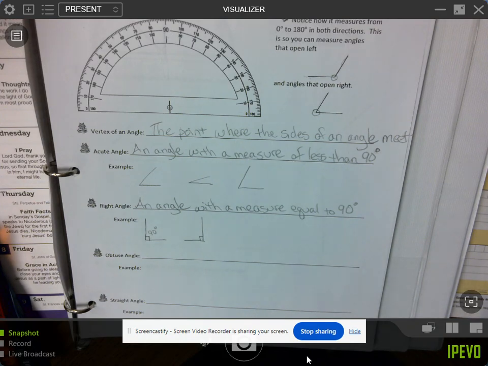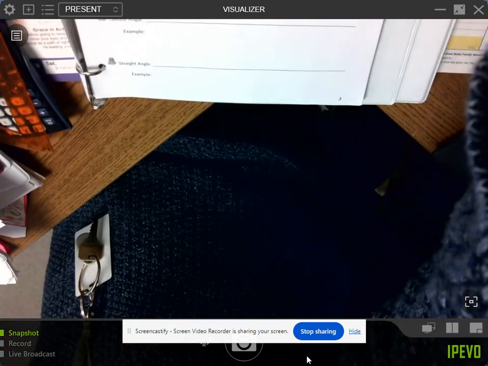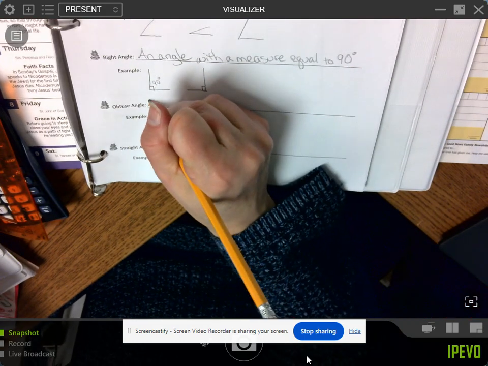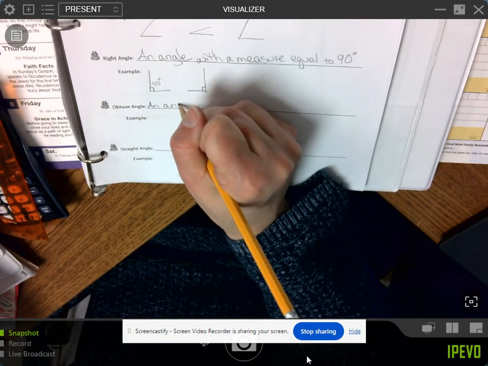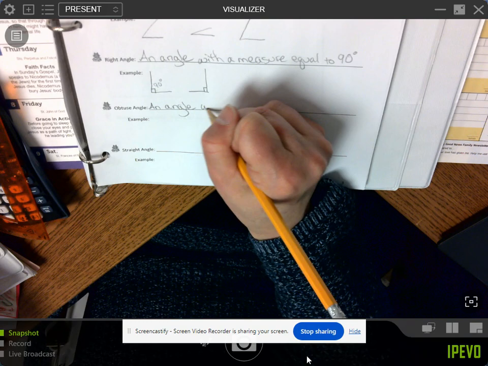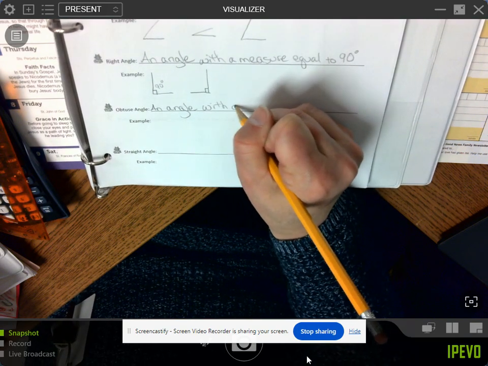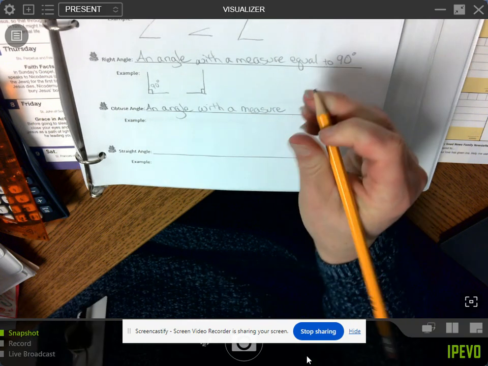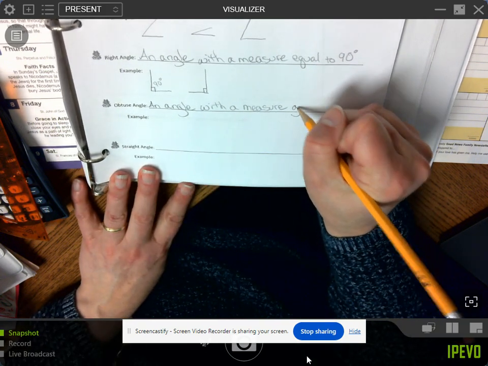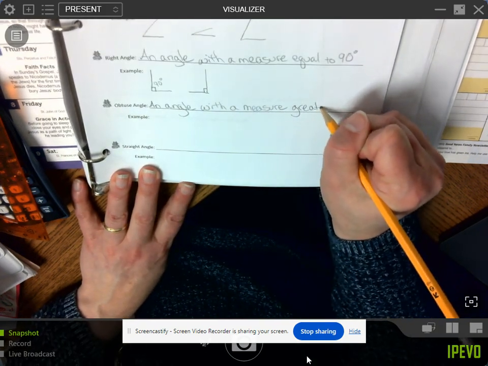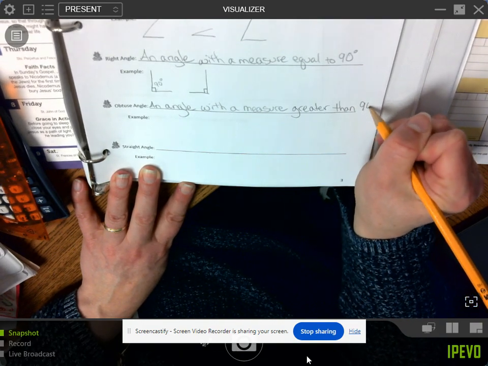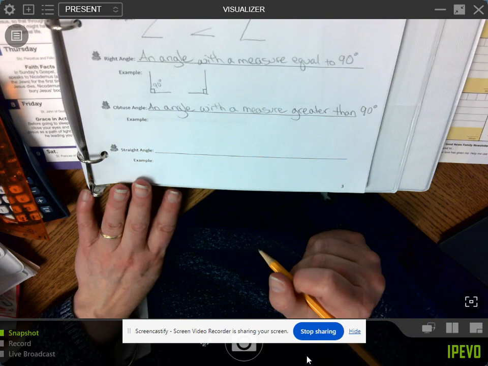So more than 90 degrees. So an obtuse angle is an angle with a measure greater than 90 degrees.